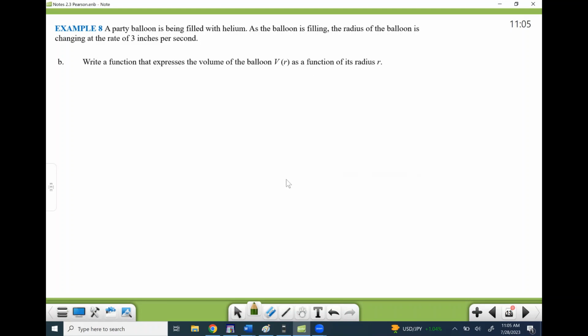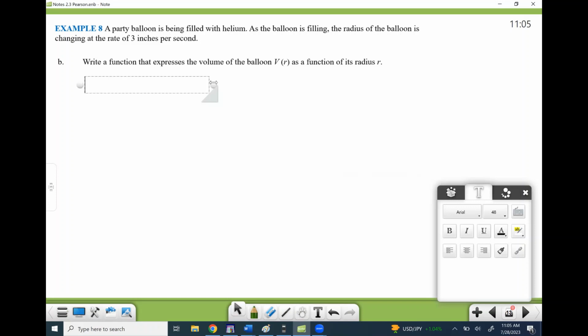So this is really just asking you, do you know the volume of a sphere? And so probably most people would be like, no, I do not. So just Google it. Type in what's the volume of a sphere. If you don't know it, Google it.